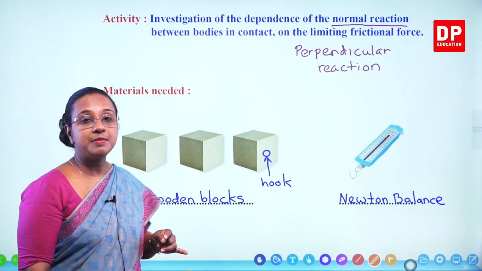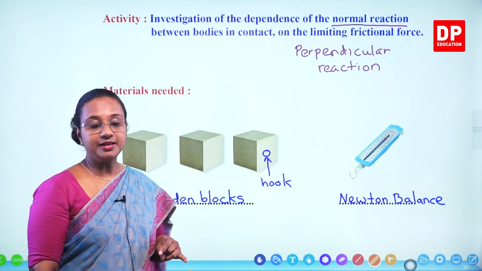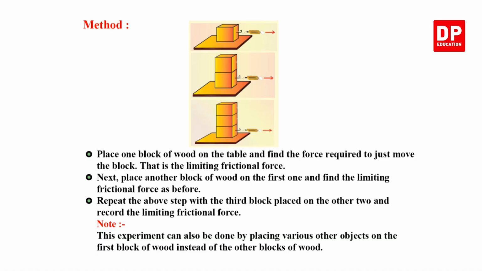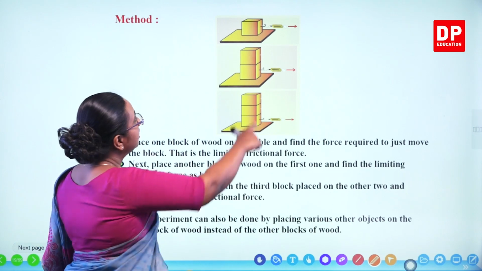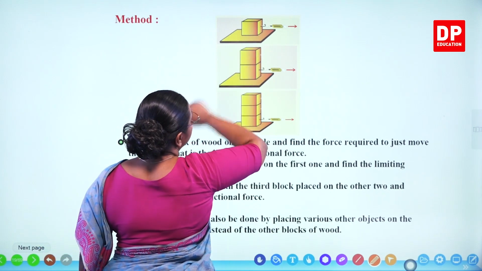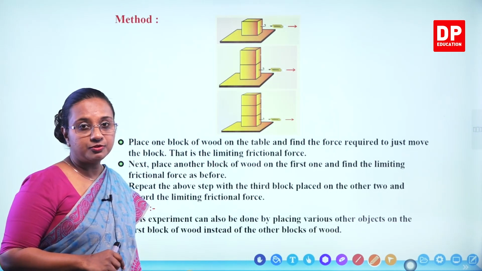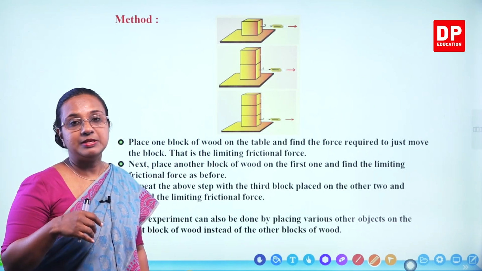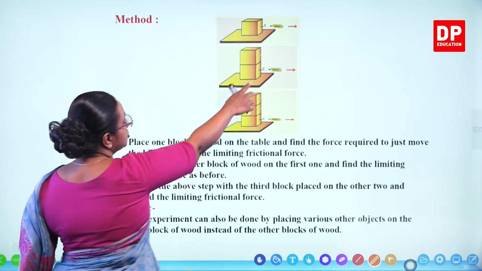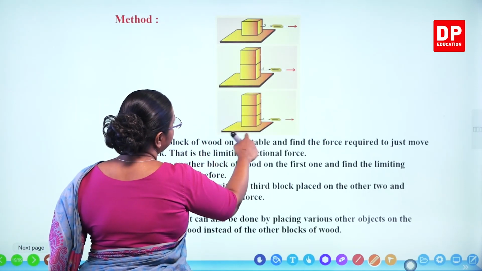Let me summarize the steps again. The method, here it is shown to you in the picture. Only one block placed on a horizontal surface and we are pulling it with a horizontal force. You find the limiting frictional force, then 2 blocks and all 3 blocks.